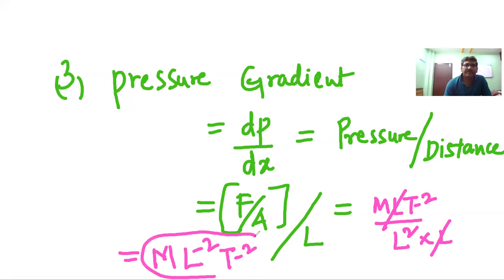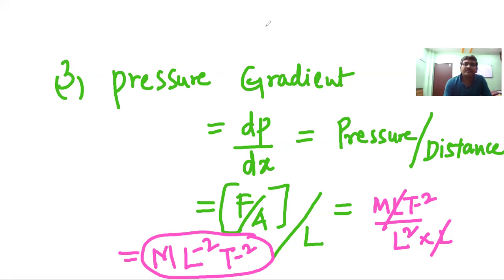This is the dimension formula of the pressure gradient. Force, M L T minus 2. Area, L square, divided by length L. So one of the lengths will go out. So M L to the power of minus 2 T minus 2. This is the dimension formula for the pressure gradient.